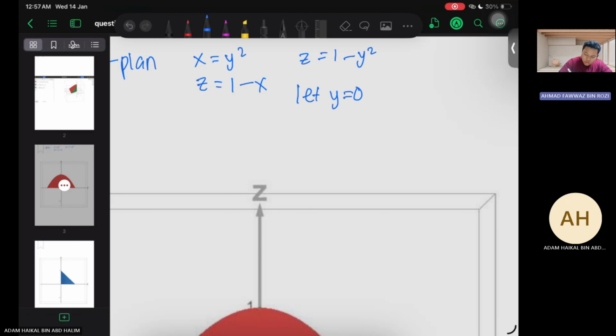If we let y equal to 0, we get z equal to 1. If we let z equal to 0, we get 0 equal to 1 minus y square, so y square equal to 1, and y equal to plus or minus 1.